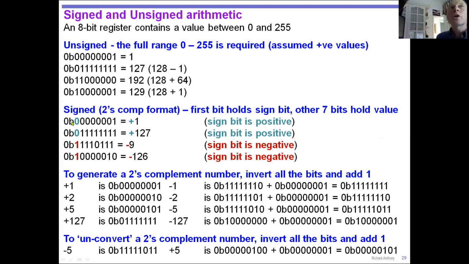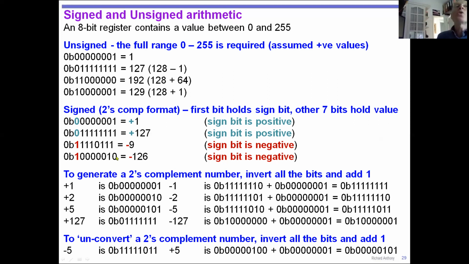So if you took the negative of that... suppose you want to store minus 128. So 128 would be where you have 1 and then all of these are zeros, right?